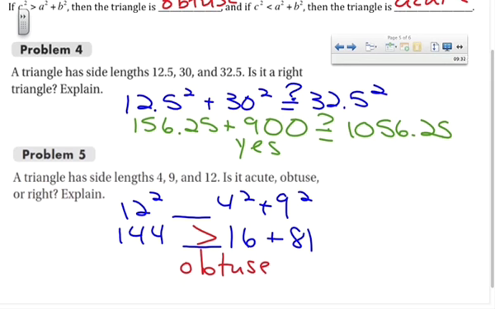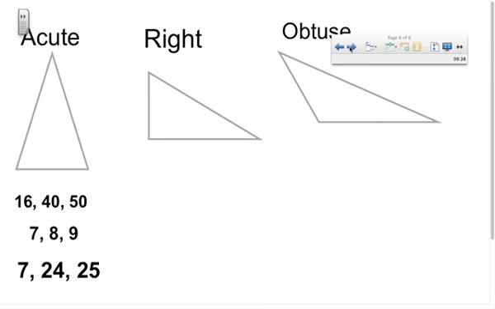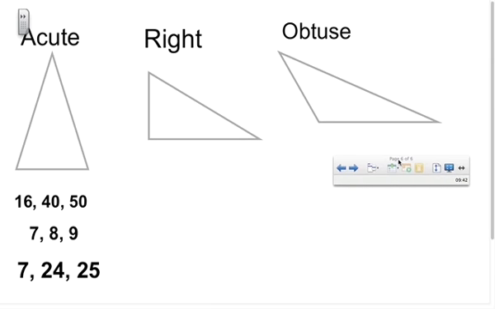Okay, there's a your turn, and I built something a little interactive on my smartboard notebook. Hopefully it will work. When you figure out what kind of triangle any one of these is, feel free to come up, click and drag it into place.